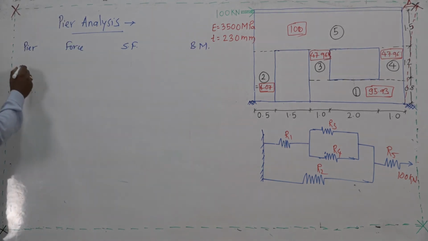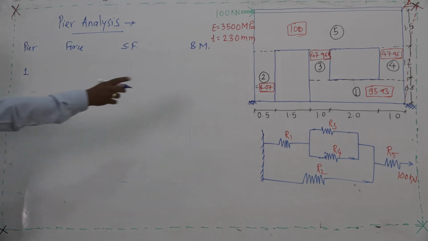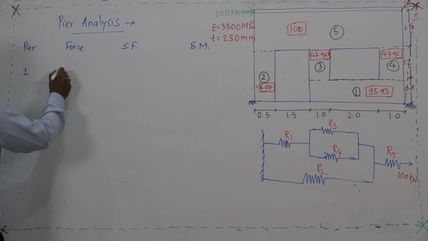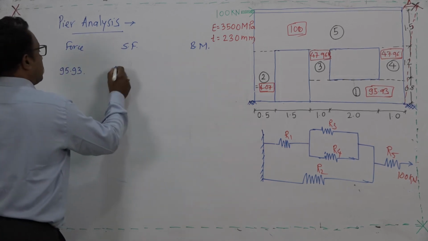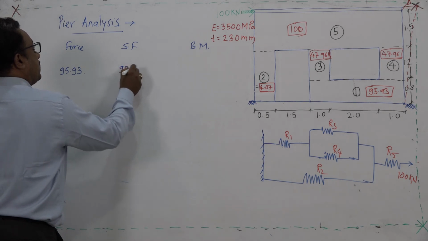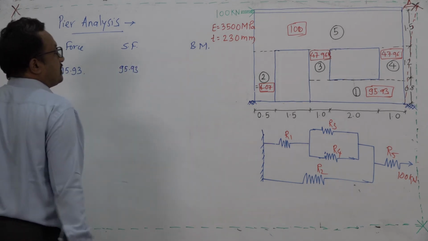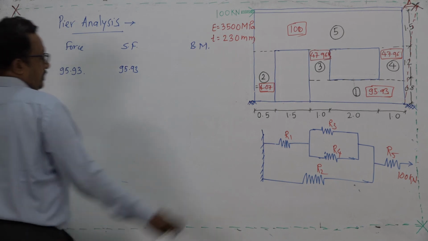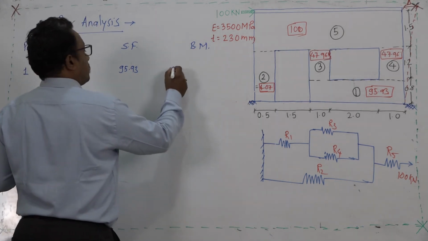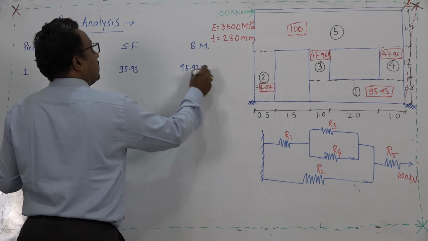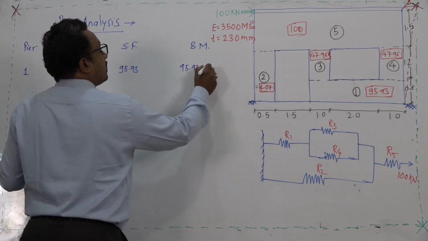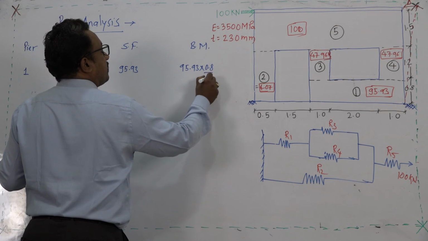So, I will start with pier number 1. The force in the wall is 95.93. What will be the shear force? The shear force will obviously be the same, 95.93, but there will be a change in bending moment. So, this is having fixity at the base, therefore, the bending moment will be 95.93 into h by 2. H is how much? 0.8 divided by 2.